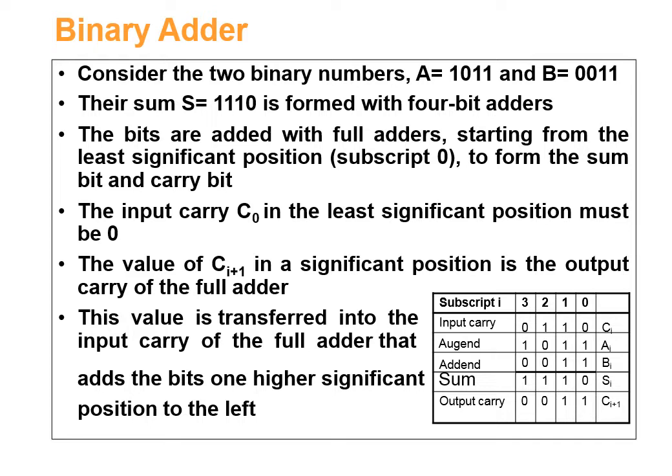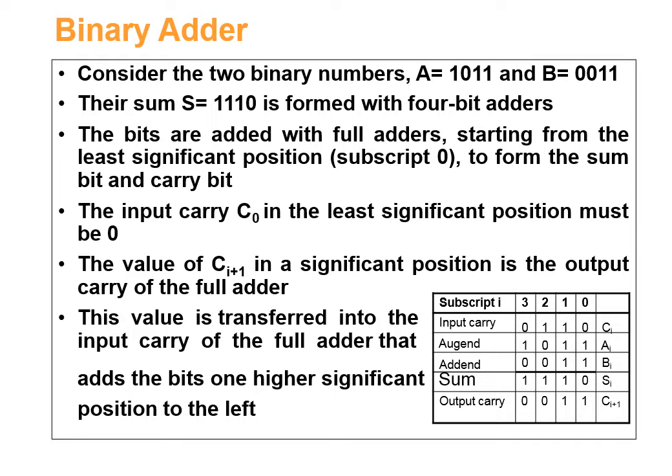As you see in the table, subscript i equal to 0, 1, 2, 3 denotes the position of the bits: the zero position, first position, second position and third position. Input carry is denoted by Ci, augend is Ai and addend is Bi. A is equal to 1101, B is equal to 1100.